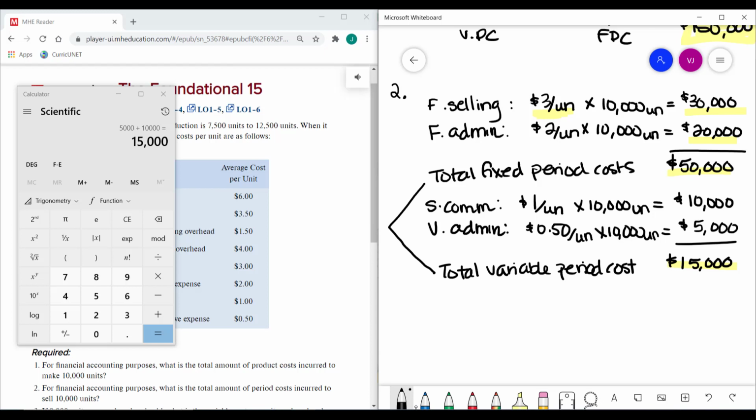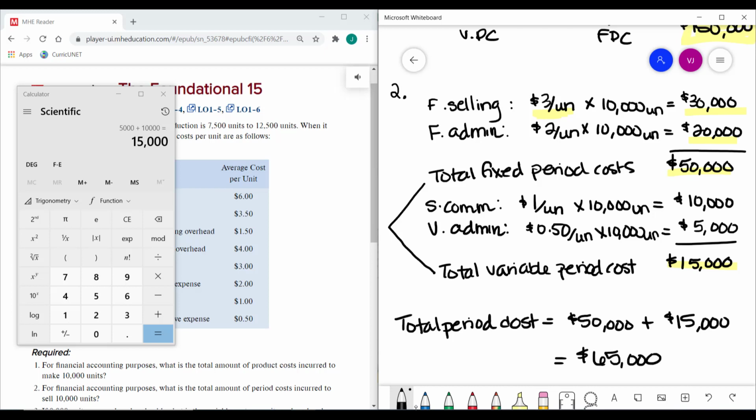So we're looking at the mixed cost here. The total period cost, or total mixed period cost, is made up of the total fixed period costs plus the total variable period costs. So 50,000 plus 15,000 comes out to $65,000 in total.